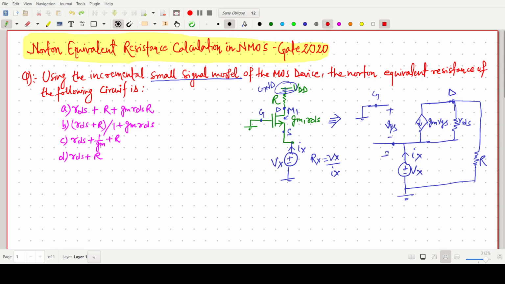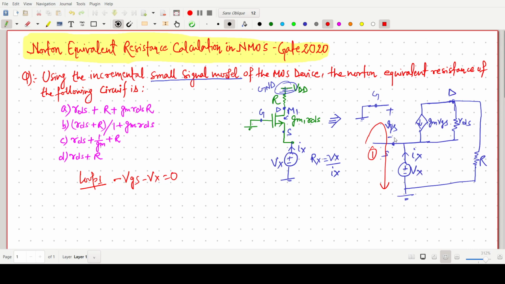How? Now in this loop, say this one is loop 1. If we take this loop 1, in loop 1 we can write minus VGS minus Vx equals 0.